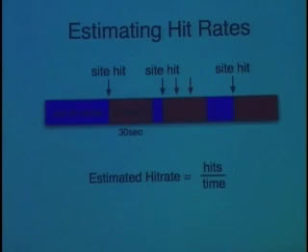To estimate the actual hit rate, which is going to be in the units of hits over time, we want to find out exactly how many hits there were over the amount of time that we have. In the sections that are red, we actually don't know exactly what's happening. So for example, if these two web hits come during this red interval where it's in the cache, it doesn't actually affect the transitions.